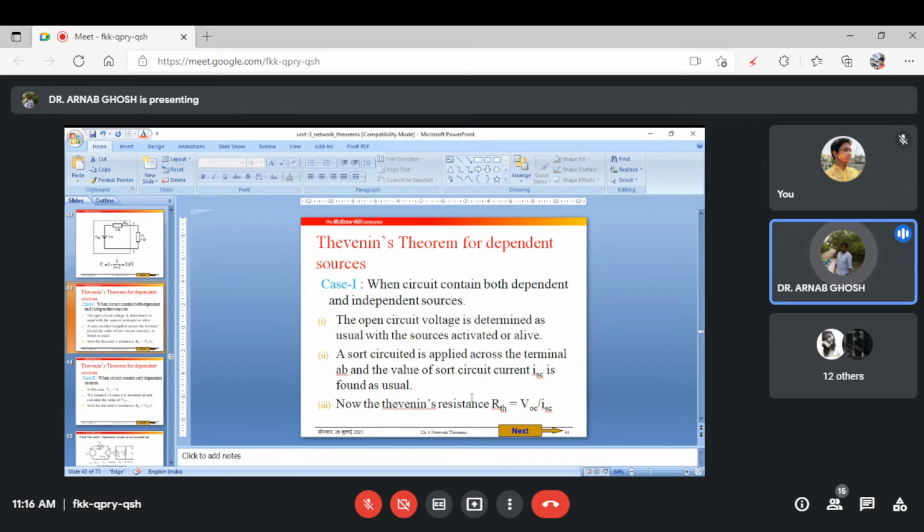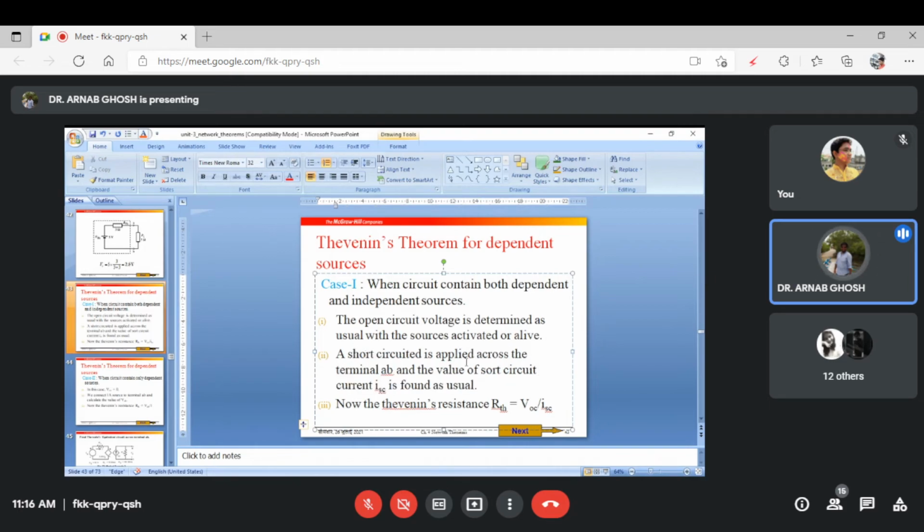So first, the open circuit voltage is determined as usual with sources activated. Now a short circuit is applied across the terminal AB and the value of the short circuit current ISC is found out as usual.